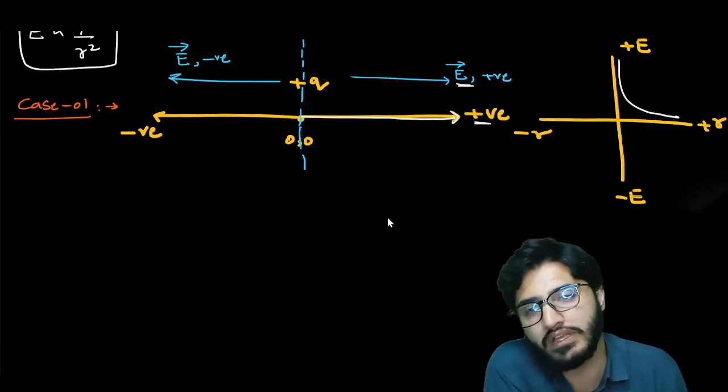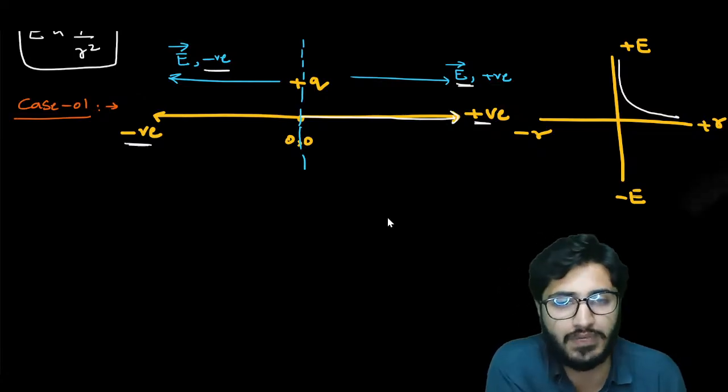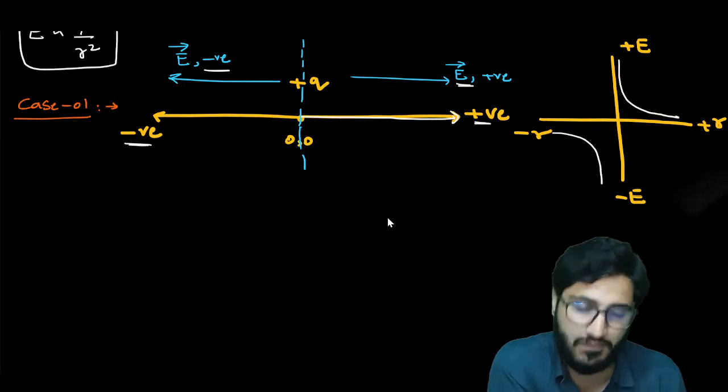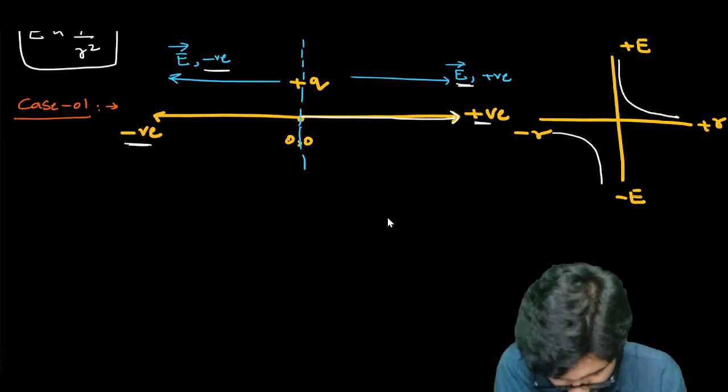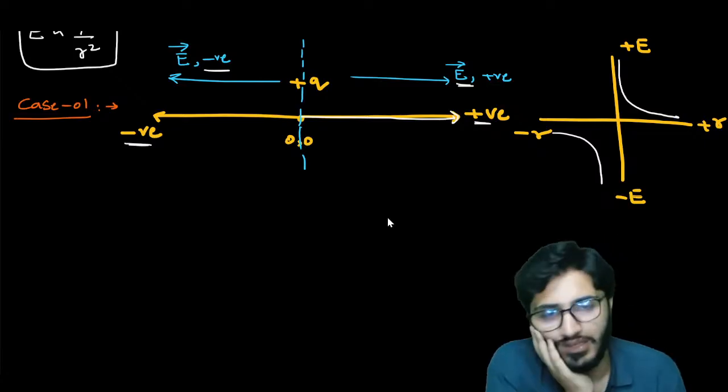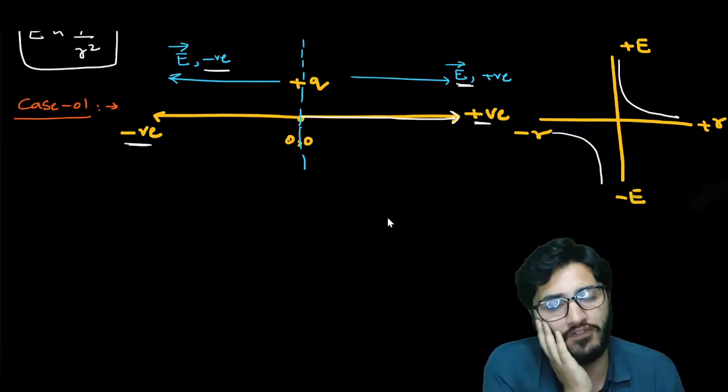Now, if I am going in the negative R direction, I will get my negative E. This is how you need to make a graph of it.